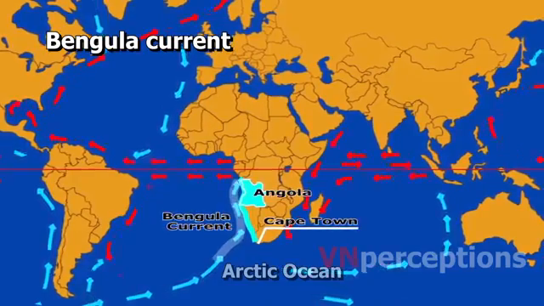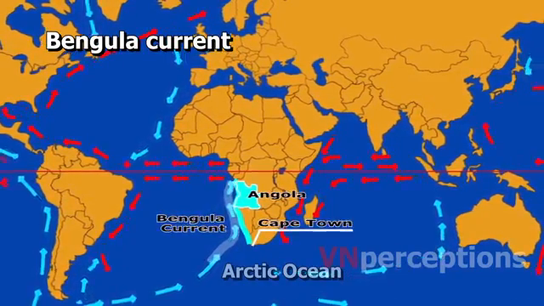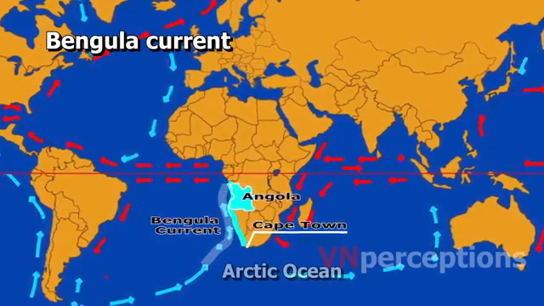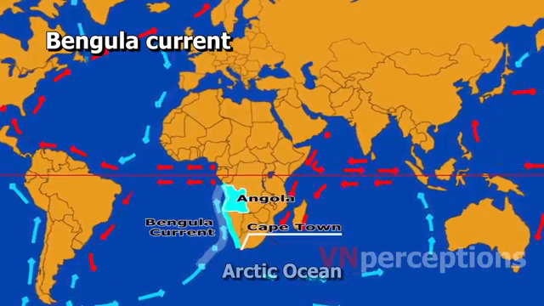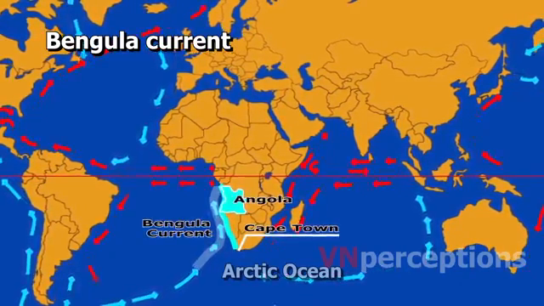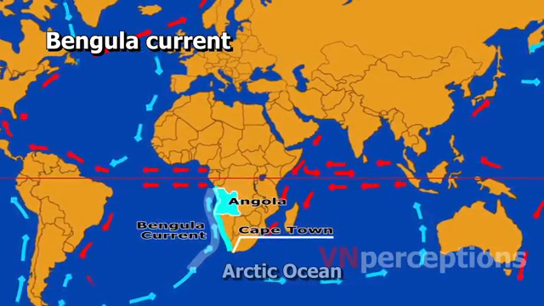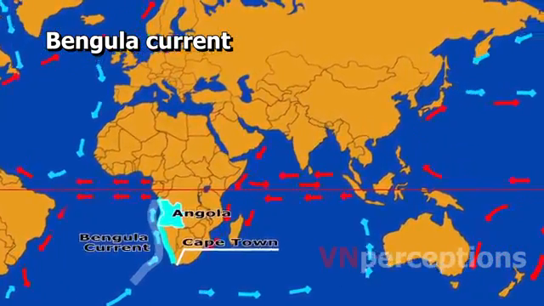The current is driven by the prevailing southeasterly trade winds, forming the Benguela upwelling system. The cold, nutrient-rich waters that upwell from around 200 to 300 meters depth in turn fuel high rates of phytoplankton growth and sustain the productive Benguela ecosystem.